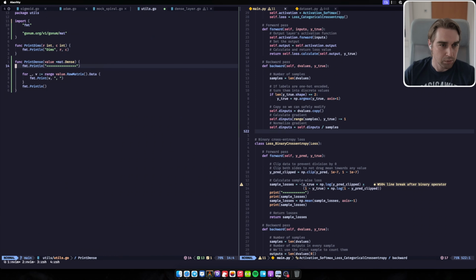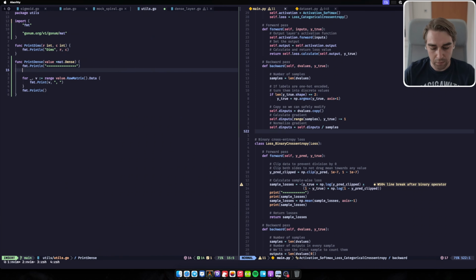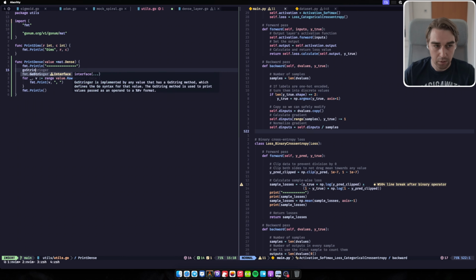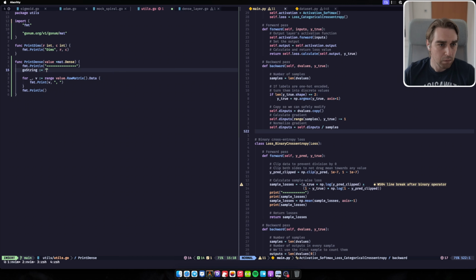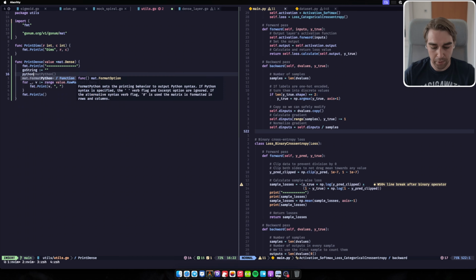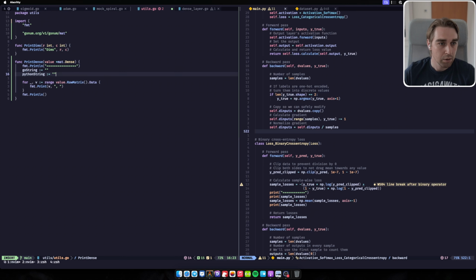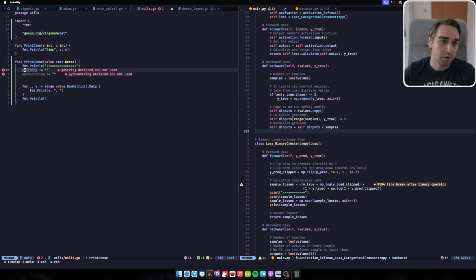So let's do what I will need. I will need two variables, one for the Go string. Let's do it: Go string, and we'll have the Python string, right? How will the Go string start?